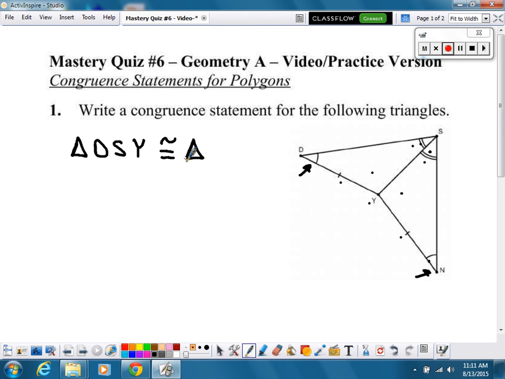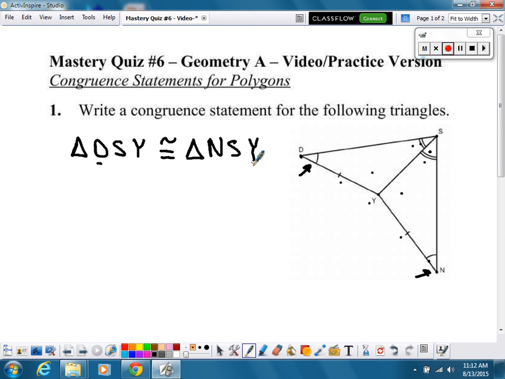Since I started with point D here in my first triangle, the angle that corresponds with that in the second triangle is N. So I want to start with N, going back now over to S, because that corresponds with the other S, and then Y would be the third link in that chain. Does it have to be in that order?